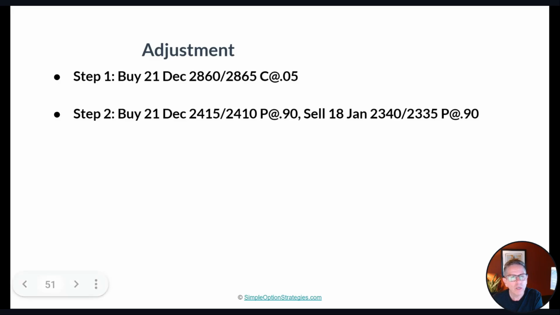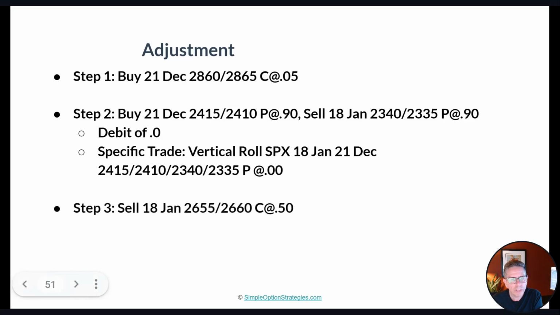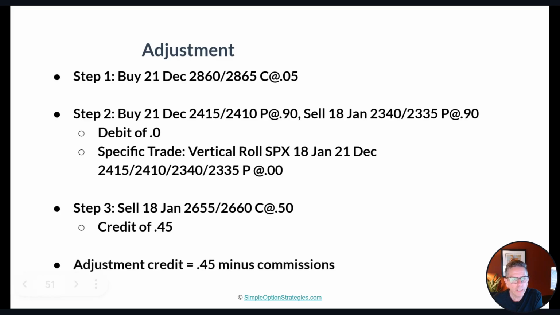And so in this case here, we had a 90-cent debit, and then we put on a 90-cent credit. All right, so basically it was a wash. So it's a debit of 0, and then what we did, we sold the January position, and we collected 50 cents. So all in all, basically we got a credit of 45 cents with this trade, and basically that's how we close it.